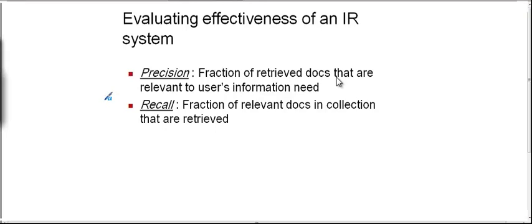There are two metrics that are used to evaluate how good the results are. The first metric is called precision, and the second metric is called recall. And again, I'm introducing these terms because if you have friends who are in the IR community, they would be throwing these terms around almost like teenagers throw around the words like "and duh" and all those kind of words which people tend to throw in every sentence.